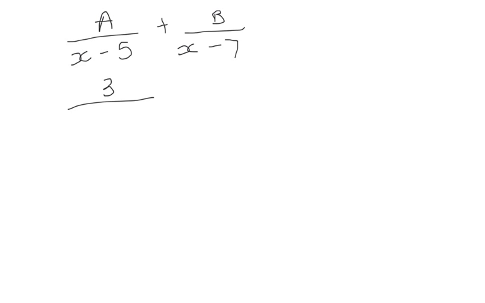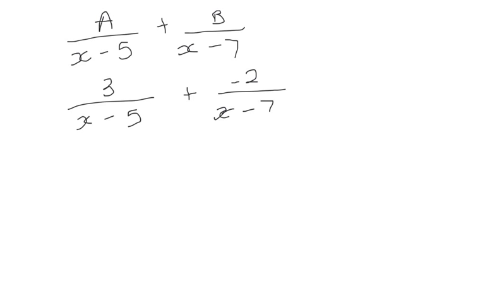Just write our answer. We had a over (x − 5) plus b over (x − 7). So we put in 3, because a was 3, over (x − 5), and then negative 2 was b, over (x − 7).